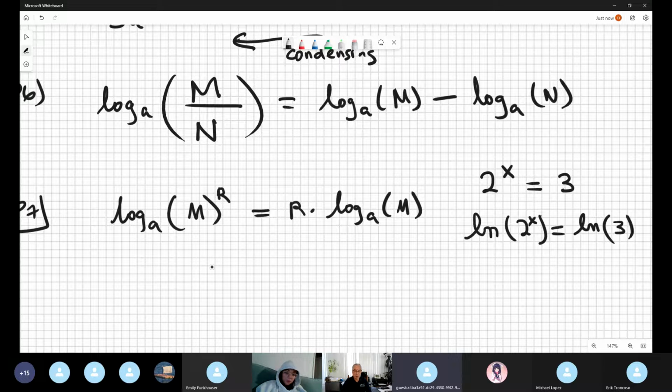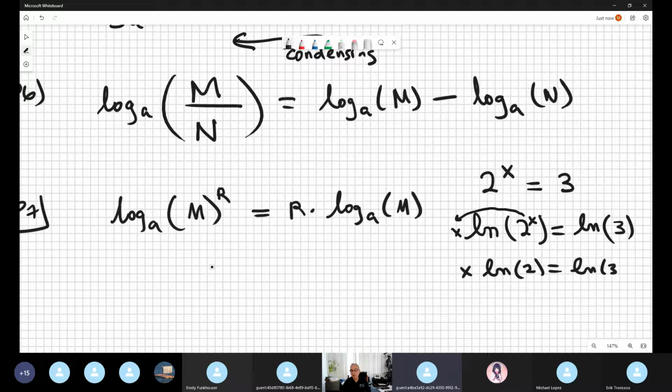Now you apply property number 7 that we are studying now, and magically, ooh, this exponent flies outside. Now x times natural logarithm of 2 is equal to natural logarithm of 3. Are we finished?